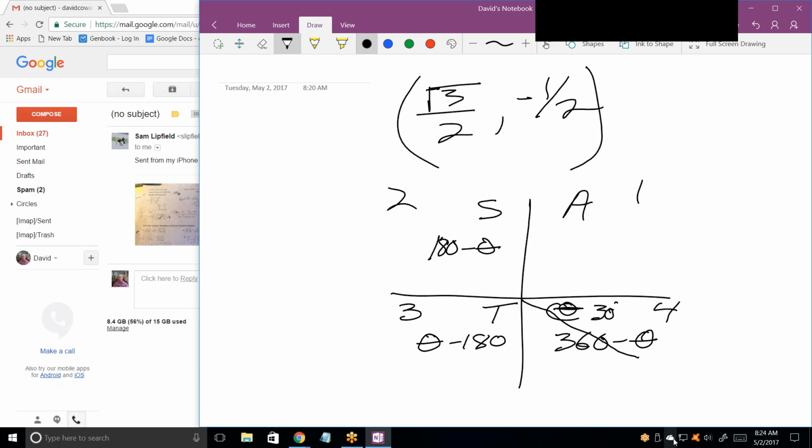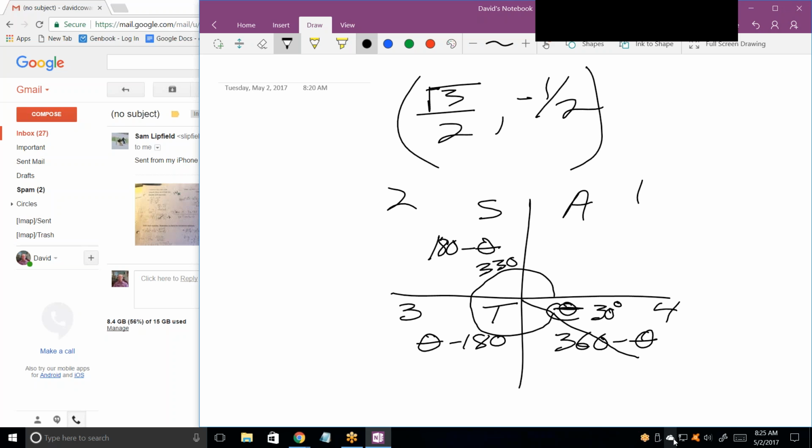We're talking about the reference angle. Let's keep everything small. Now, what that means is, since that's the reference angle, the original angle is -30, which makes the original angle 330.